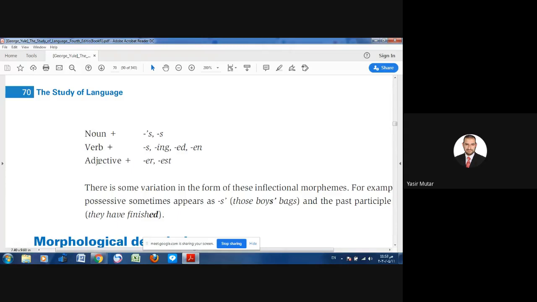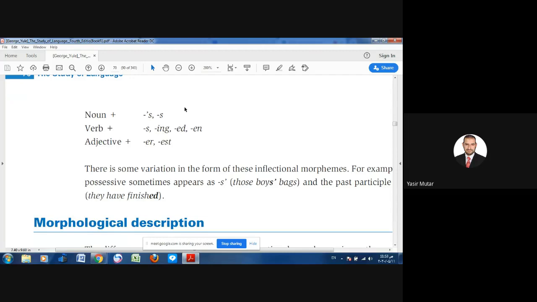With adjectives we have er and est. The er is used to identify the comparative form of the adjective, and the other one, est, is used to identify the superlative form of the adjective.